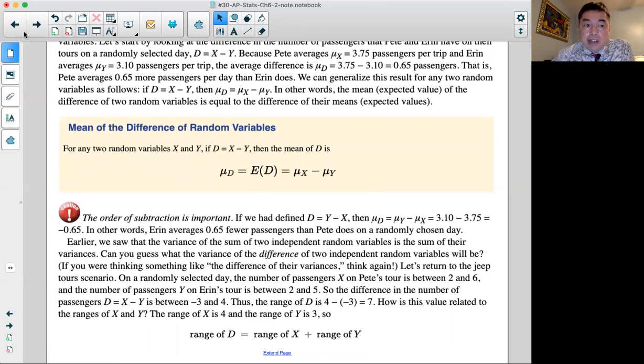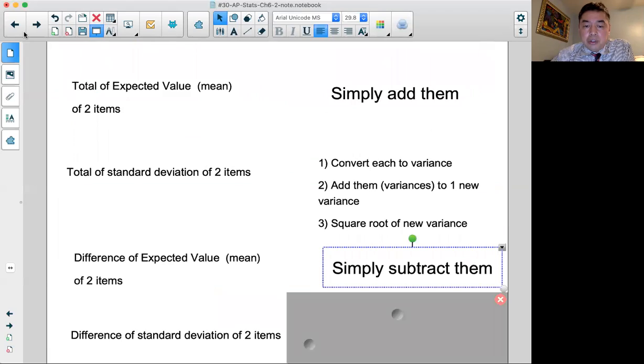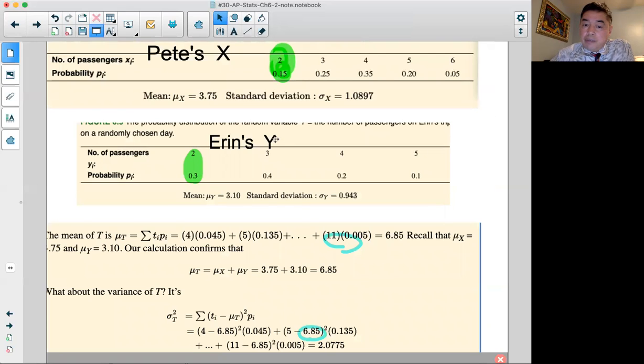So the range I showed you, the minimum of those two tours, is right here: 2 minus 5, when Pete is 2 and Erin's 5. That is going to be negative 3.